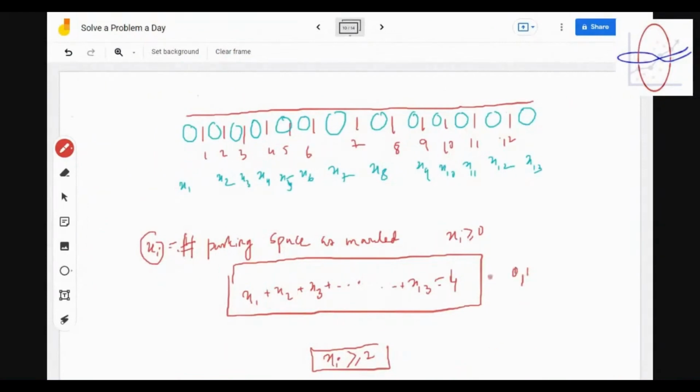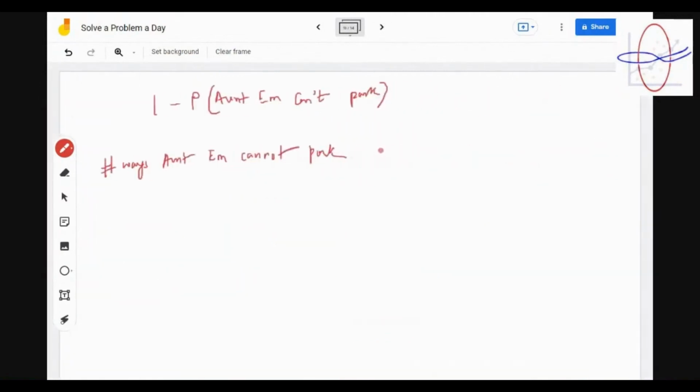It's the same as asking how many of them are actually 1. There are 4 ones possible since the sum is 4. So it's 13 choose 4. Out of the 13 places, 4 must be 1 and the other 9 must be 0. So the number of ways Aunt M cannot park is 13 choose 4.